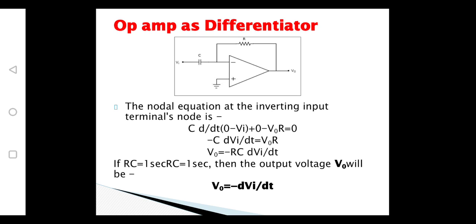Then we calculate the gain. We know that gain is nothing but output voltage by input voltage. From that we get a frequency f equal to 1 by 2 pi Rf C1, so we can represent gain equal to f by fa. If f and fa are the same, then the gain is equivalent to 1.